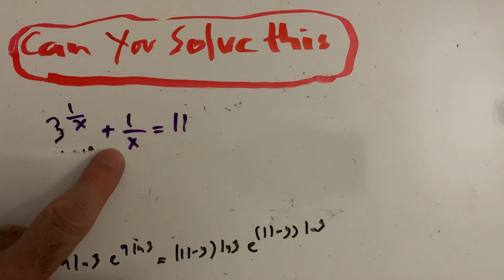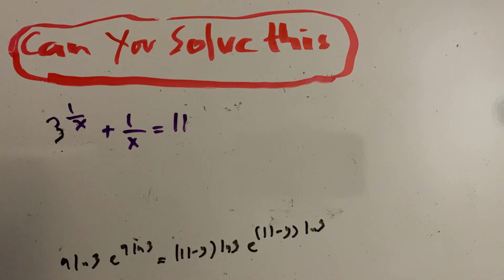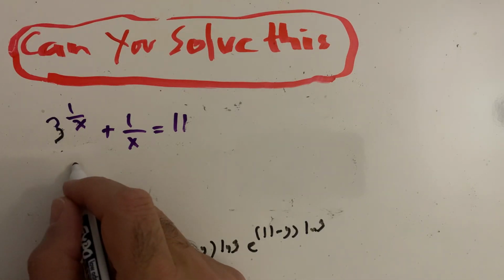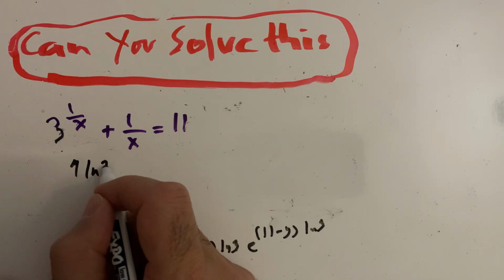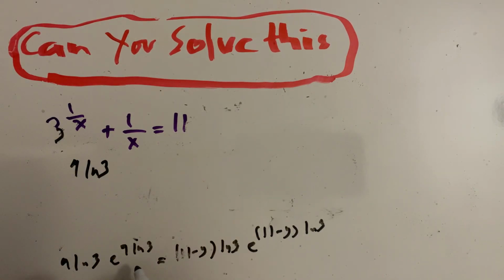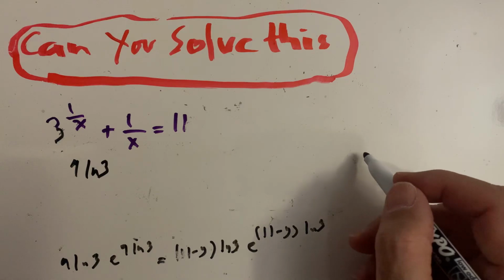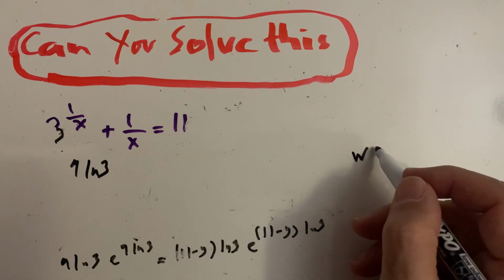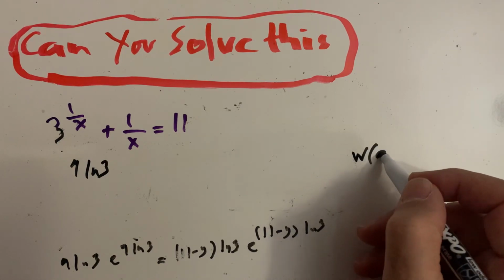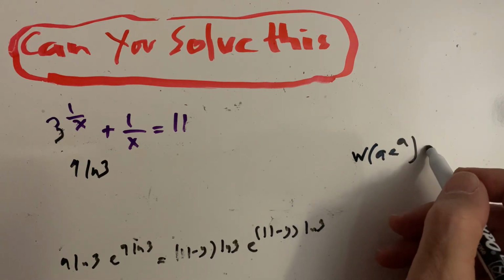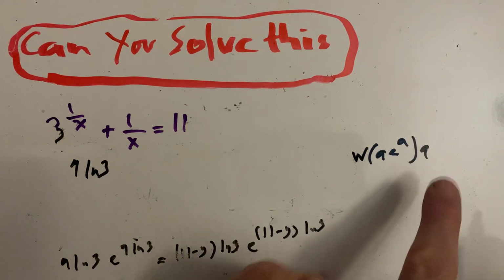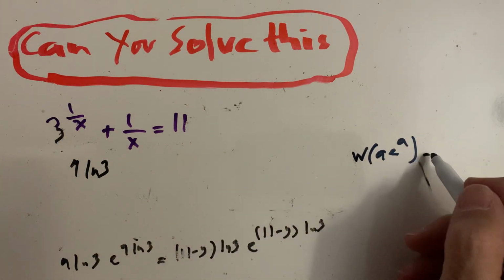I have 9 log 3, which is our a in the Lambert W function: W of a exponential of a is equal to a.